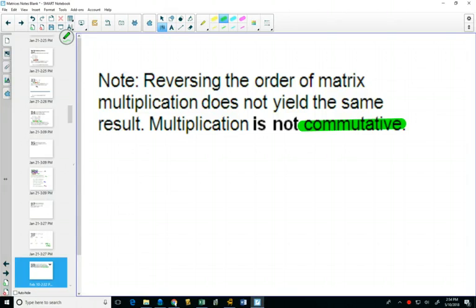The fact that 3 times 2 is equal to 2 times 3 in regular numbers means that regular multiplication is commutative. But in matrices, that is not the case. So in matrix multiplication, A times B is not equal to B times A.